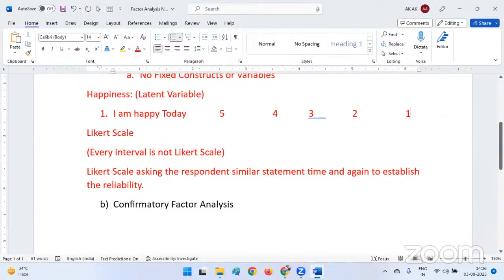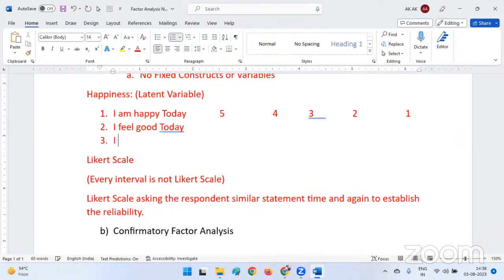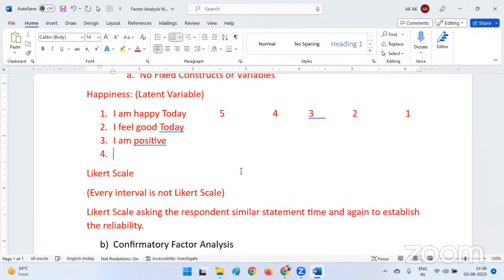If these statements are not similar to each other, it is not a Likert scale. So, I am happy today. The second statement is, I feel good and positive. I feel good today. I am positive. Life is beautiful.